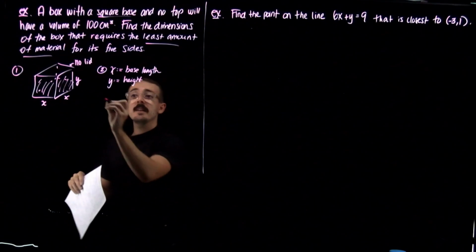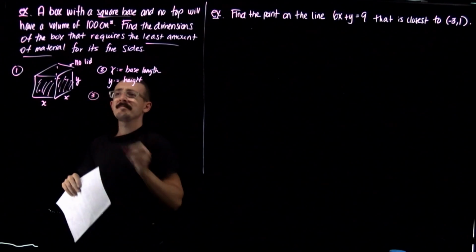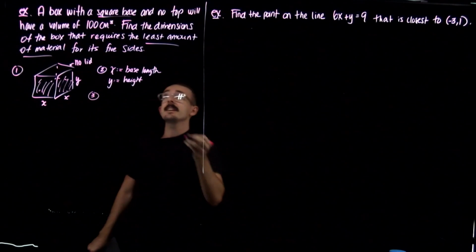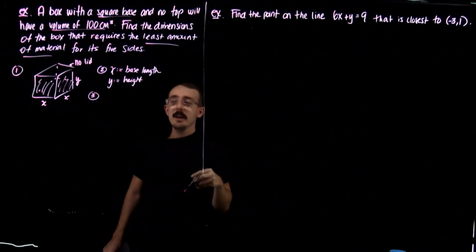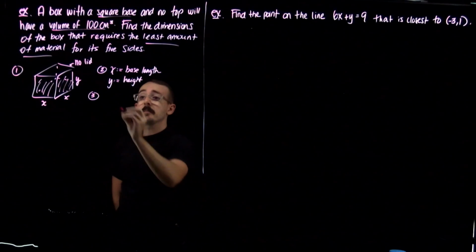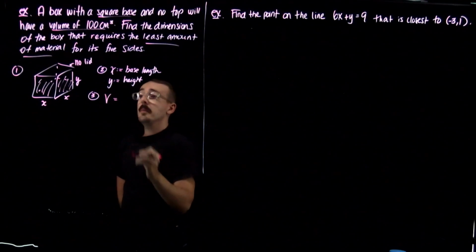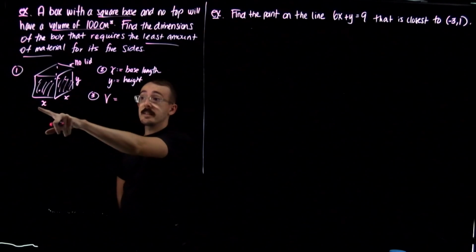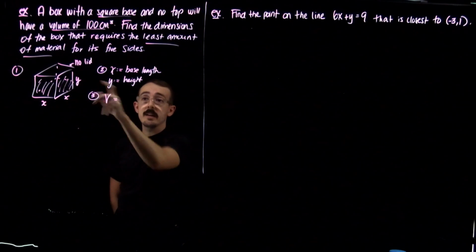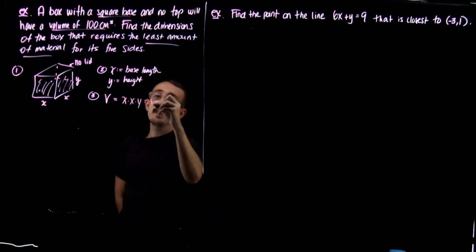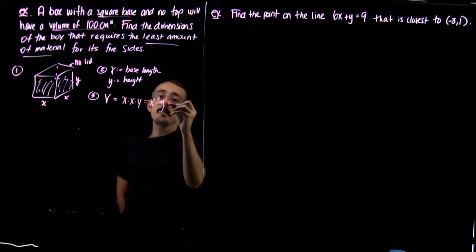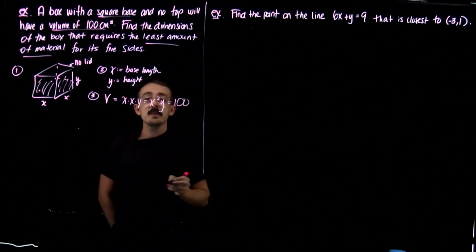Now I'm going to find some equations. So one equation that I see I'm going to need is the volume formula. So I would reread the problem, maybe see that I'm talking about volume. The volume of a box like this is length times width times height. So this is x times x times y, which is x squared y. And this is equal to 100.